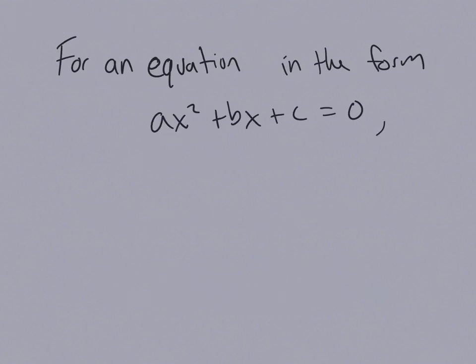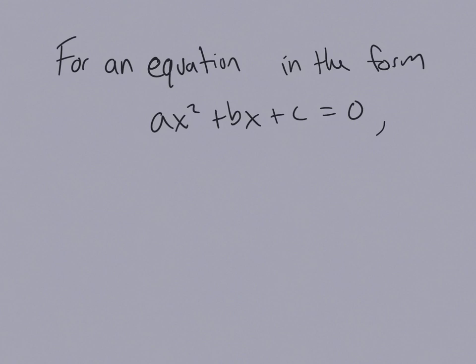So anytime we have an equation, and we kind of called this the standard form where it was ax squared plus bx plus c equals 0. So it's got to be equal to 0, and we're going to have that x squared term, possibly a bx term, possibly a constant term. Okay, if that's the form of the equation, then we can find the solutions, right? If we're trying to find the solutions, that would be x equals.